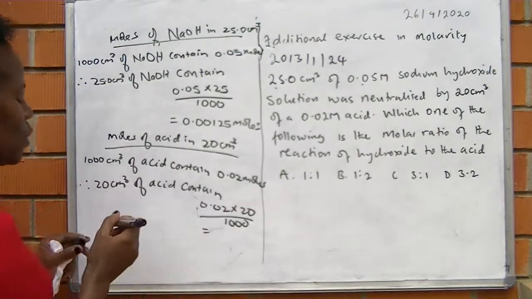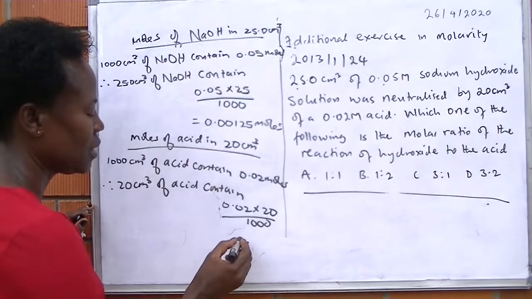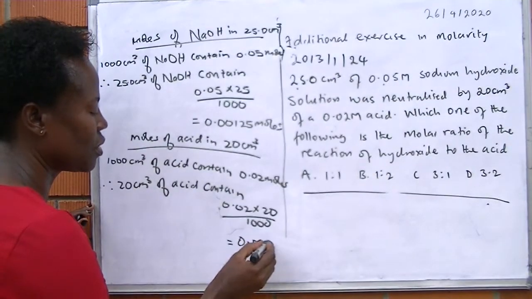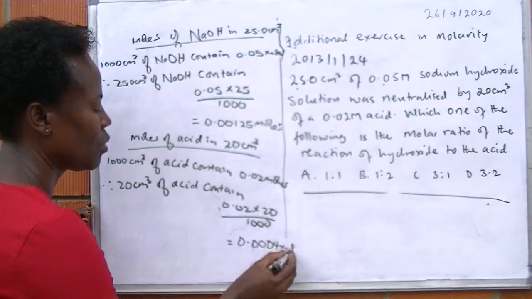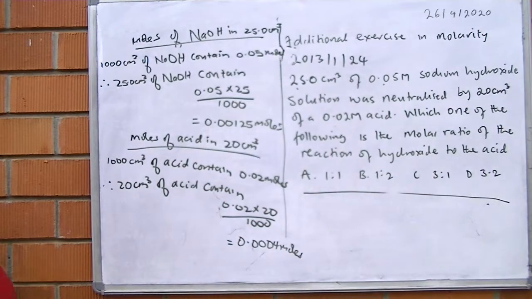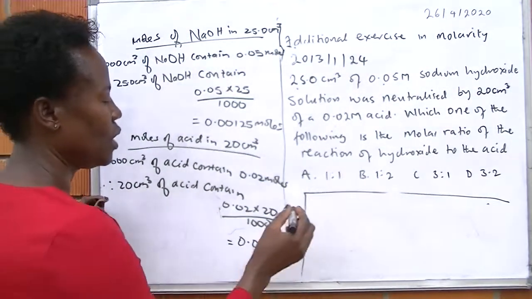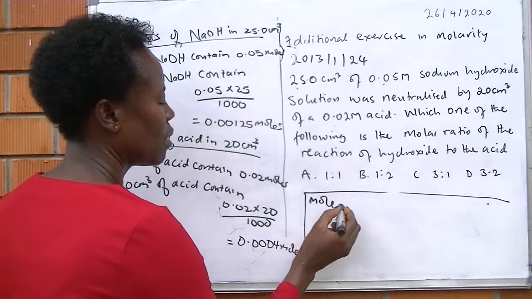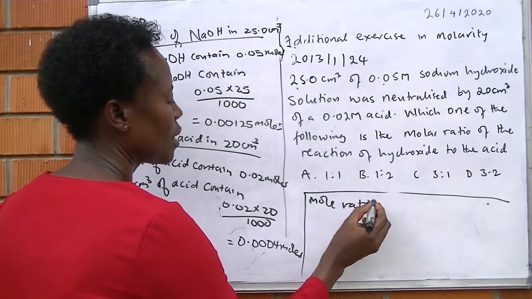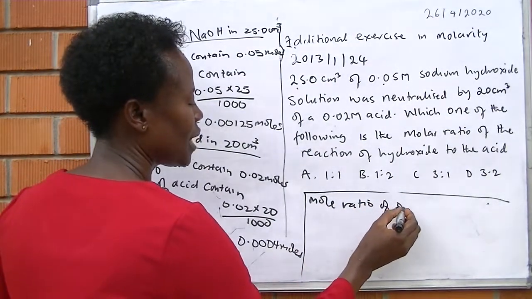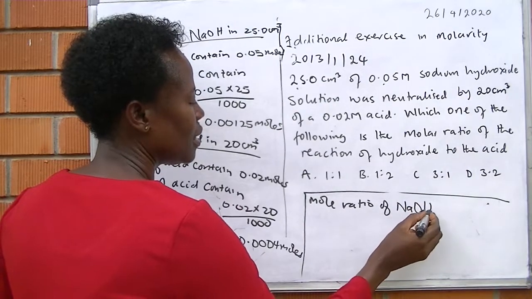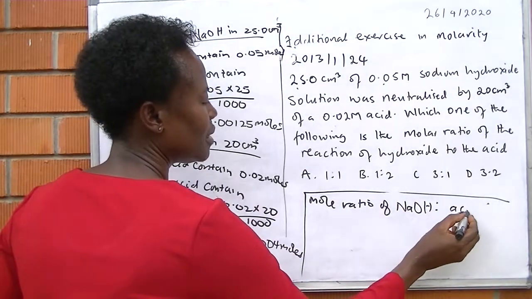which is equal to 0.0004 moles. So having obtained the moles that are in 20 of the acid, we can as well go and get the mole ratio. So mole ratio of the hydroxide to the acid.